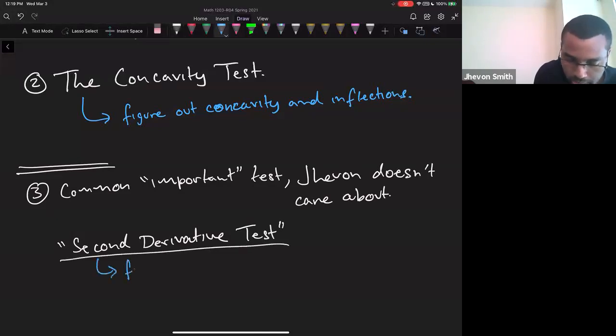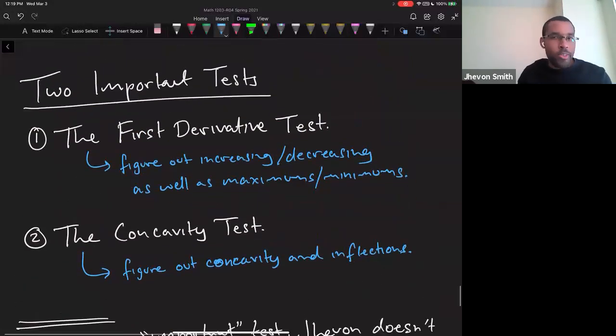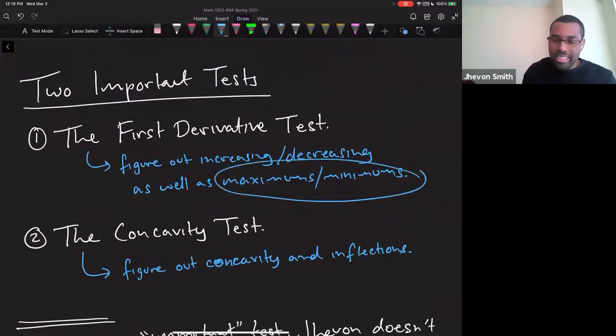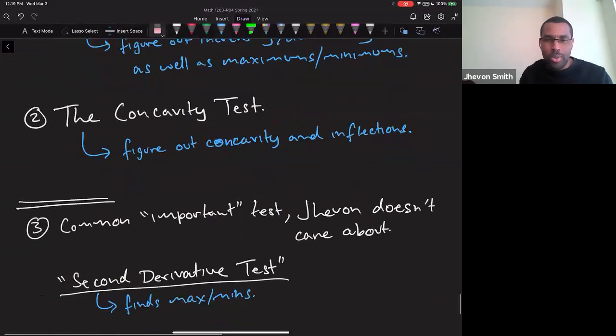And really, it finds maxes and mins, right? So the first derivative test gets you that and more. So there's that, right? It's kind of like, if I'm doing the first derivative test, why would I even need the second derivative test? I already got the information the second derivative test would give me, and I got more. So I don't really know why we're doing this.